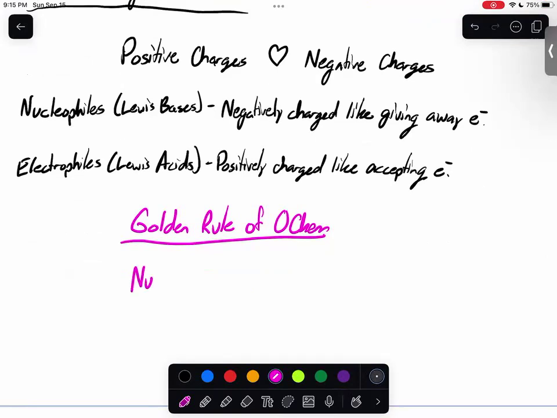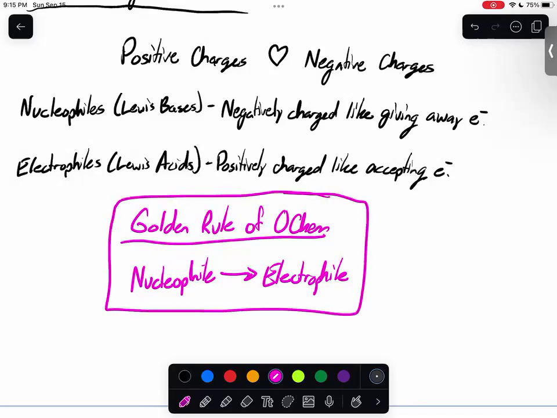It is that a nucleophile will always attack an electrophile. It will always give its electrons to an electrophile. And if you take one thing away from the class, that golden rule should be it. Because understanding that will get you through most of the rest of this course.